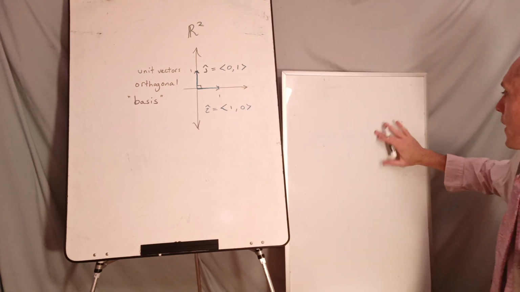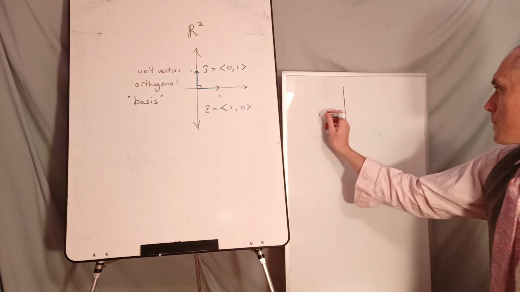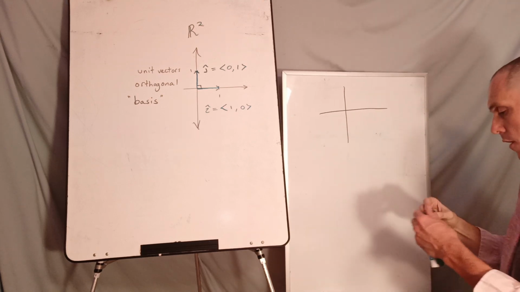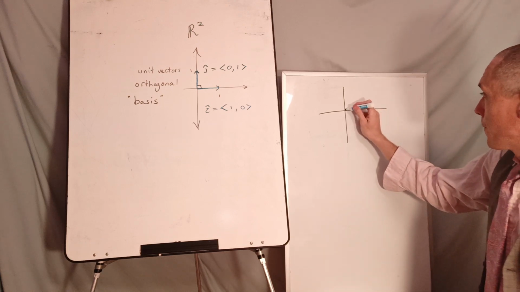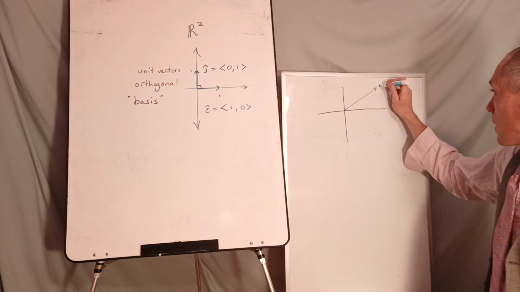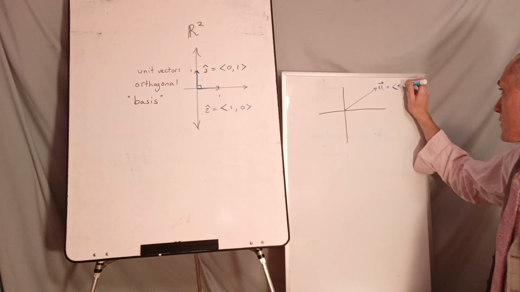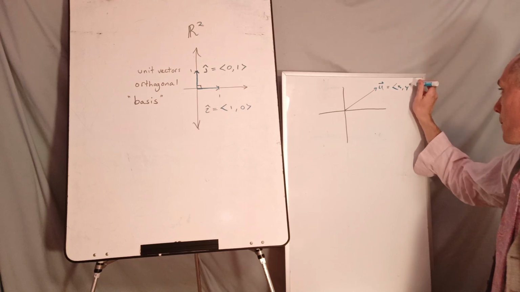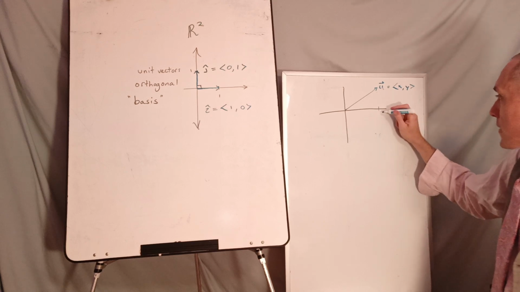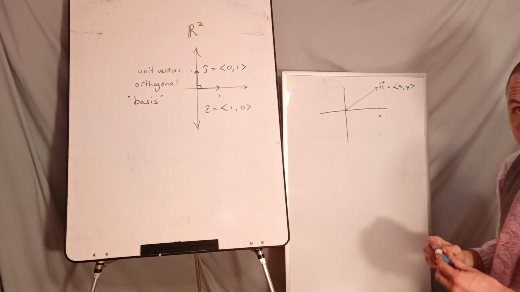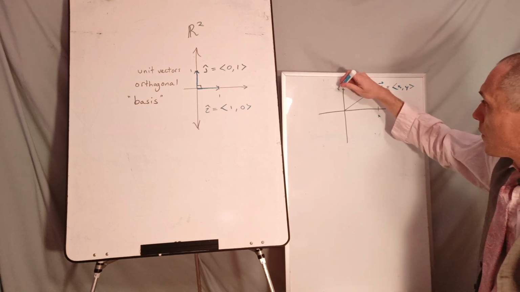So let's get an axis on here, and I'll show you what I mean. Let's say that we're given some vector u, and let's say in component form it had coordinates (x, y) for its endpoint. In other words, your length along the x-axis was the number x, and the length along the y-axis was the number y.